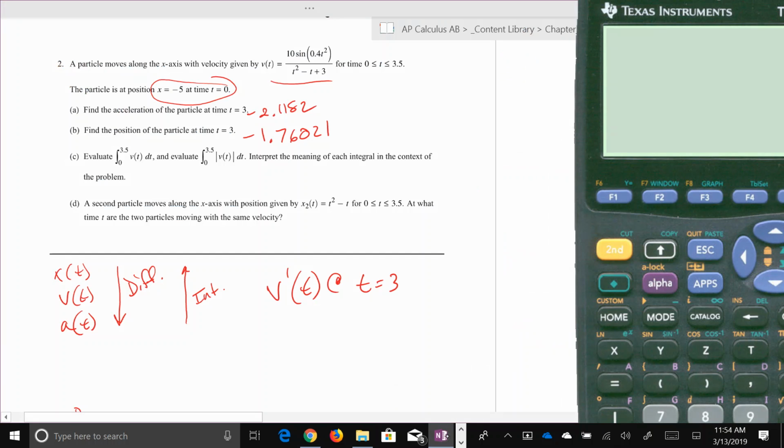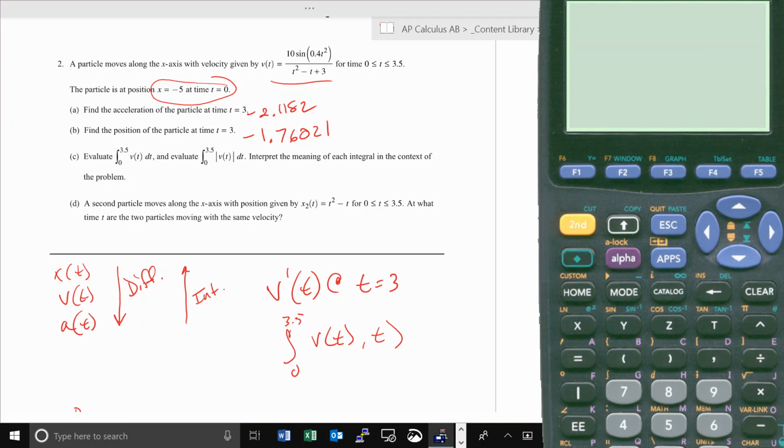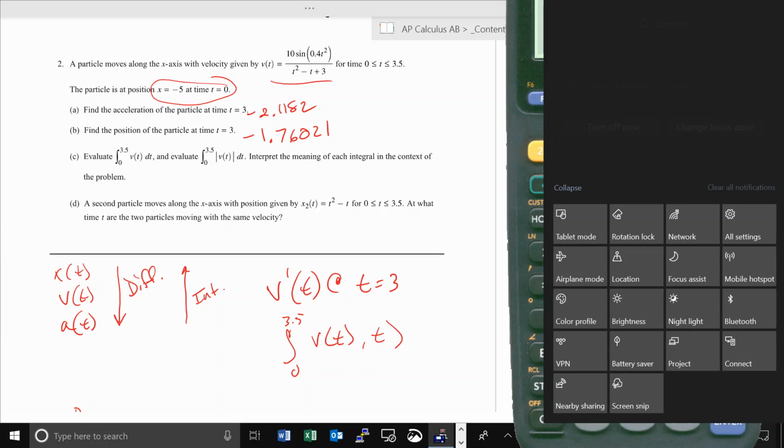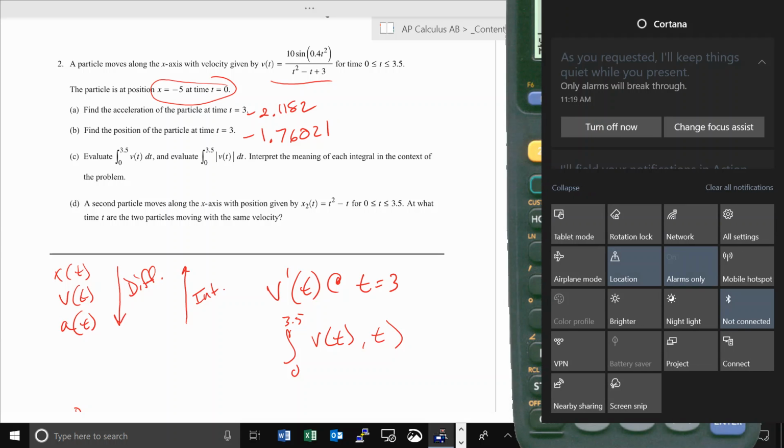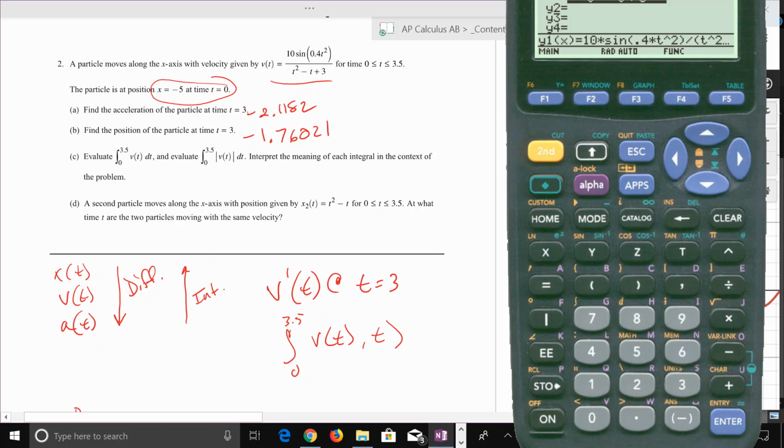So what we're going to do is integrate between 0 and 3.5 of v of t. Let's go ahead and plug that in. I think I already have this in the memory somewhere. Okay, clear, home.